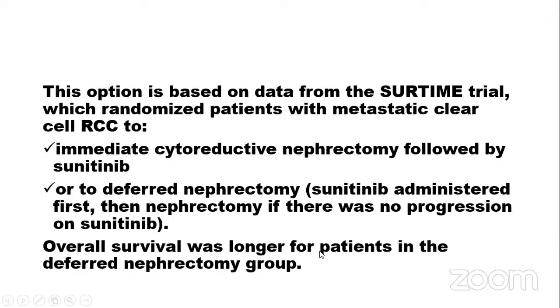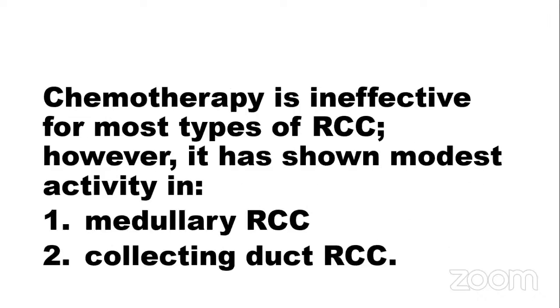Overall survival was longer for patients in the deferred nephrectomy group. So those patients have a longer survival compared with patients who underwent immediate cytoreductive nephrectomy followed by sunitinib. This is for metastatic clear cell.